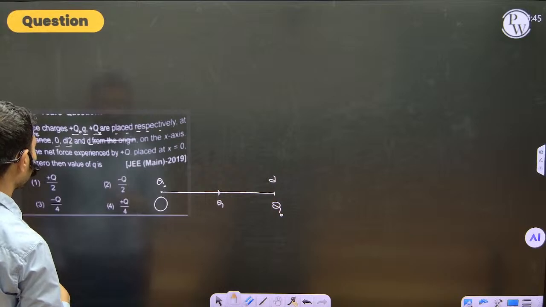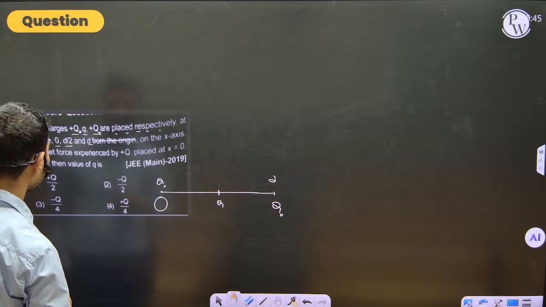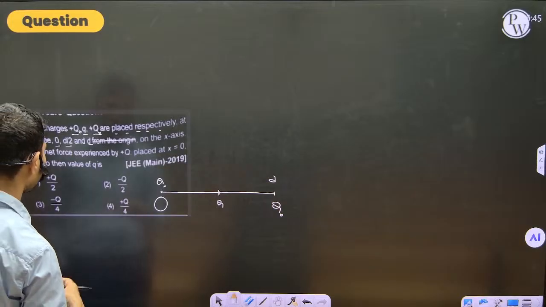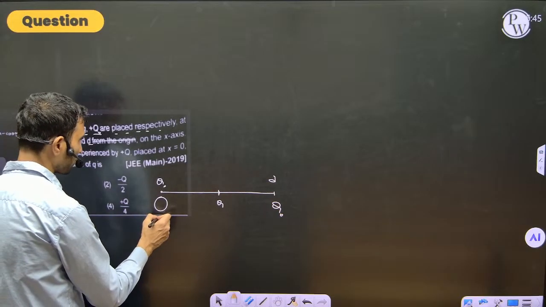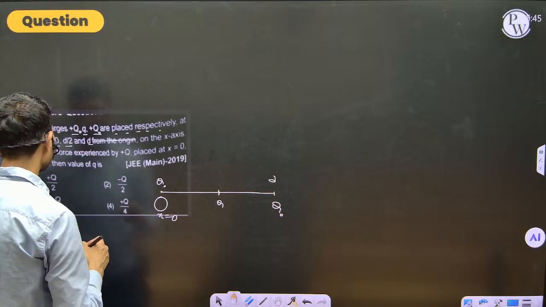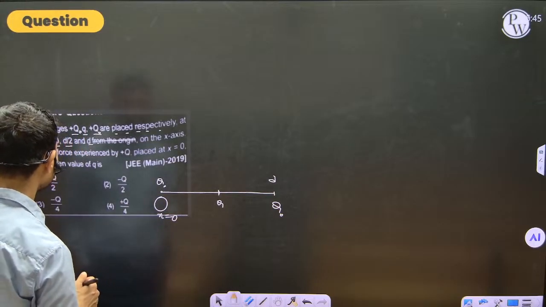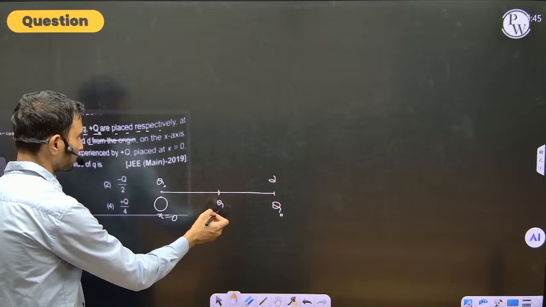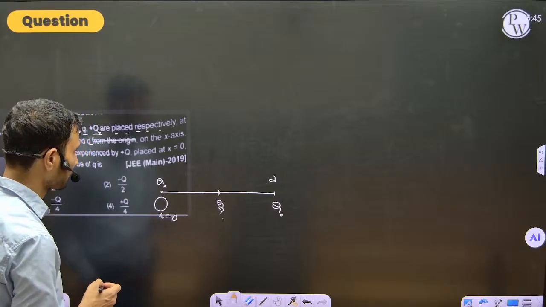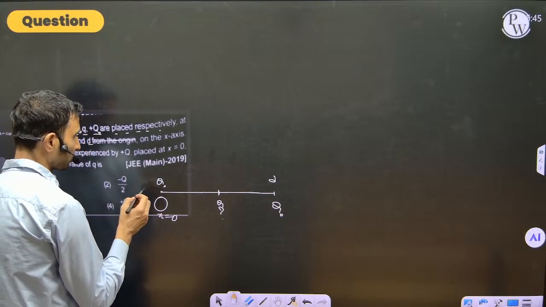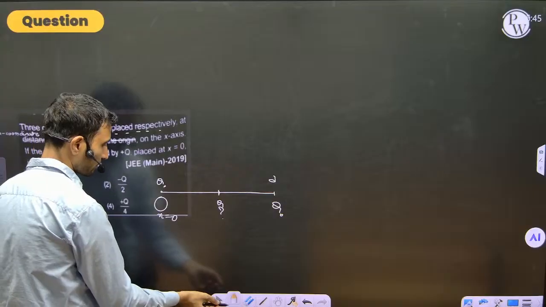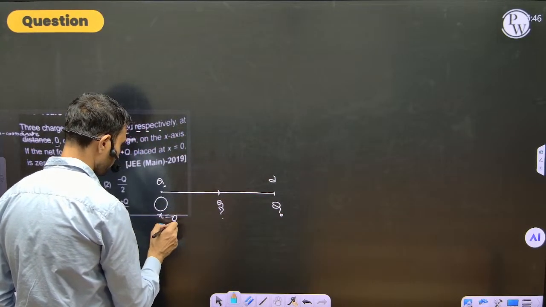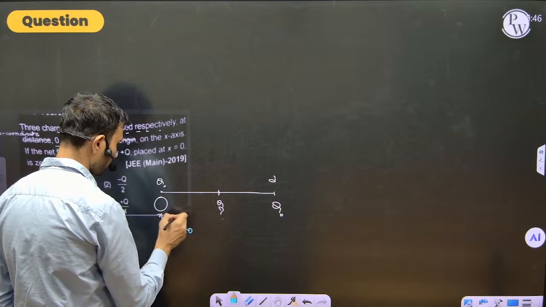If the net force experienced by plus Q placed at x equal to 0 is 0, so here at x equal to 0, the net force is 0. Then what is the value of Q? You have to find the value of Q. F net is 0.